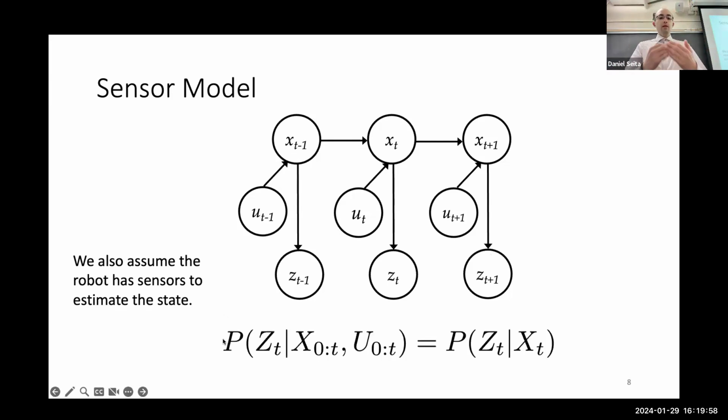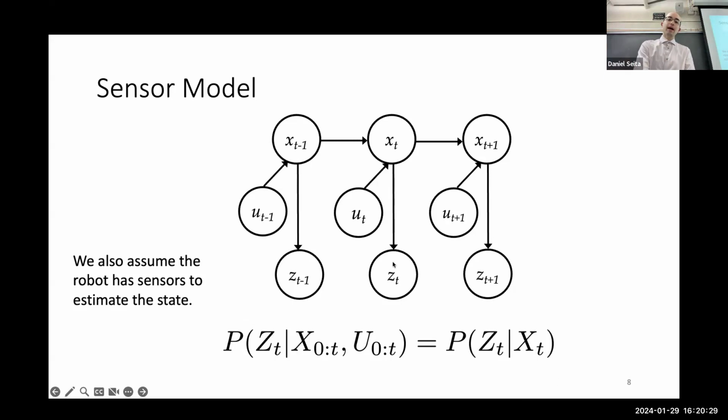And then the sensor probability reading. So again, you can use the assumption from the Bayes net structure. The probability of zt, the probability that your sensor reading will give you this particular camera image or this particular number in a sensor that denotes position, if you condition on everything that happened before it, it just relies on xt.